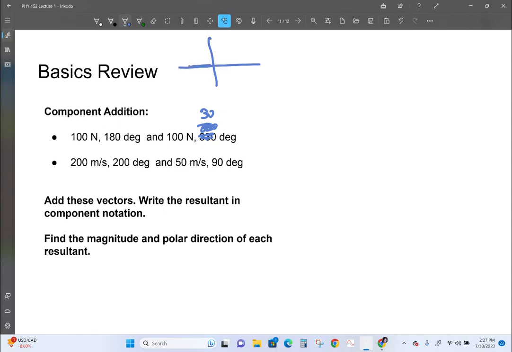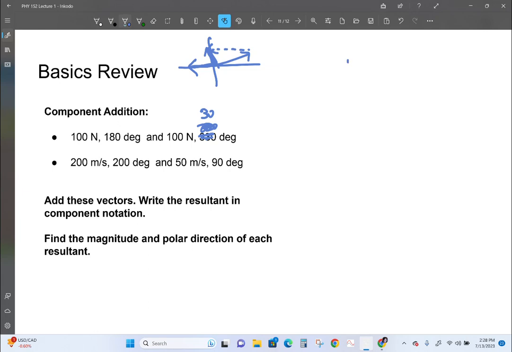We've got 100 here going west, and then we have another one here going east. So if I were to add those, my resultant is going to be this vector here. So it turns out that the resultant's x is the sum of these two x's, and the resultant's y is the sum of the y's.